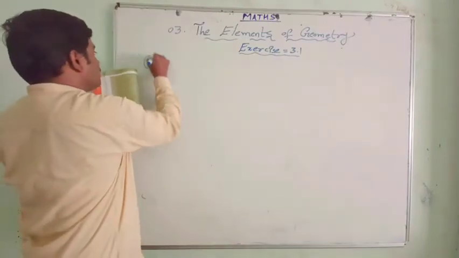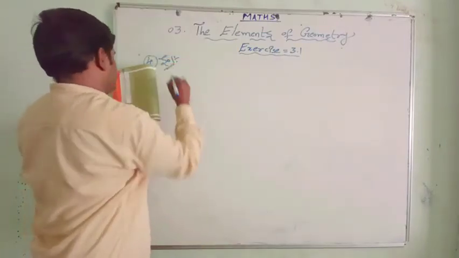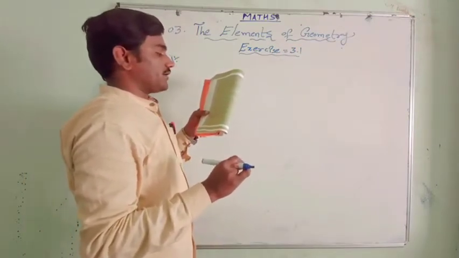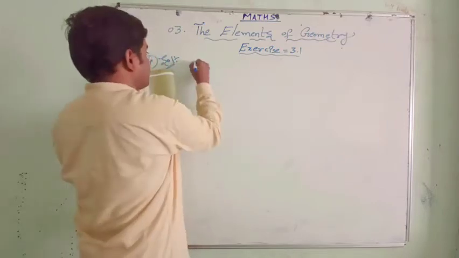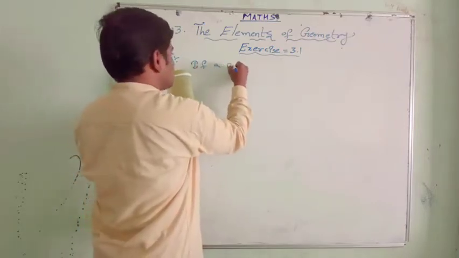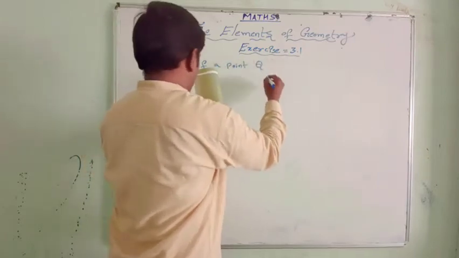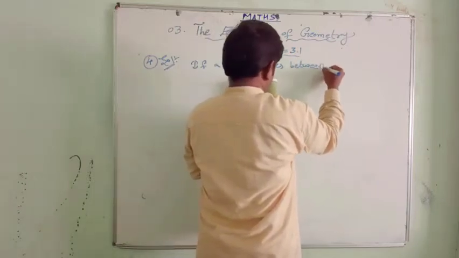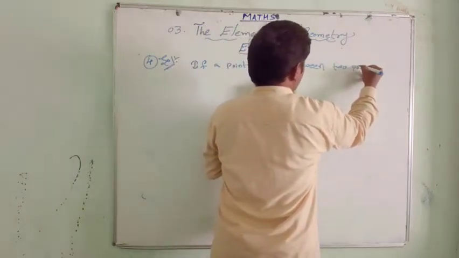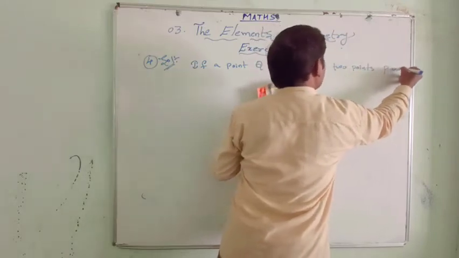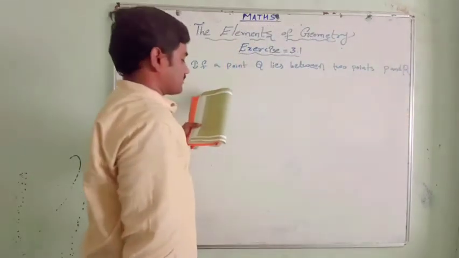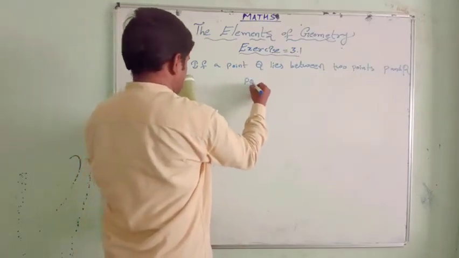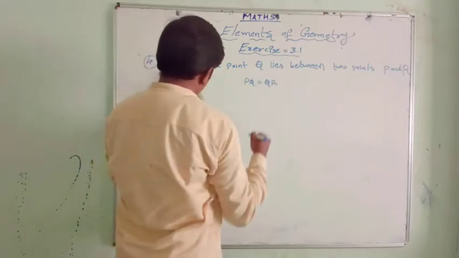Here question number 4. If a point Q lies between two points P and R, such that PQ is equal to QR, then prove that PQ is equal to 1 by 2 PR.